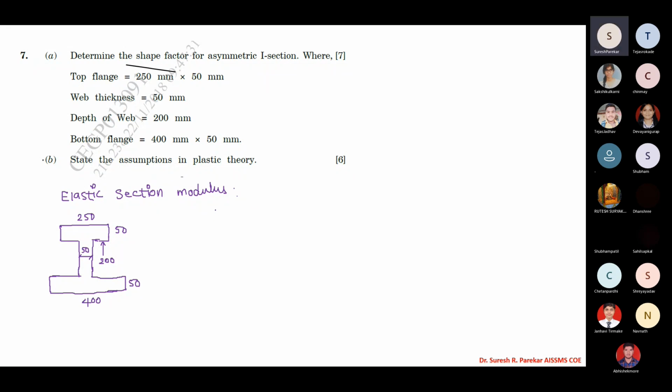And then we will go with first y bar. So we have summation A y bar upon summation A. Then we have 250 into 50 into 25. This is first. Distance we have from centroid is 25.